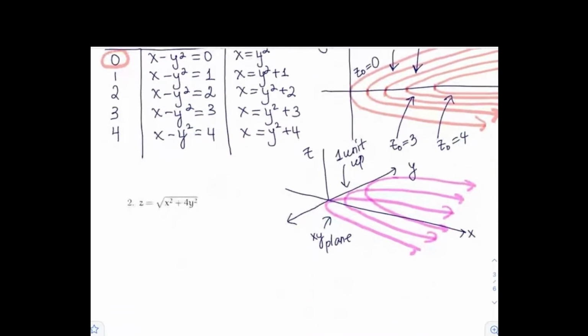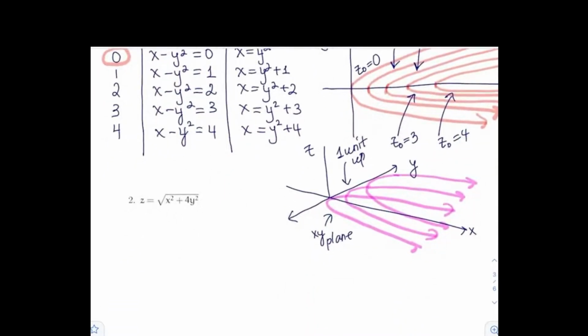Okay, so here I have z is equal to the square root of x squared plus 4y squared. So here I want to take a moment to indicate that the range of z is greater than or equal to 0, right? Because we have a square root function here, the square root of a polynomial.